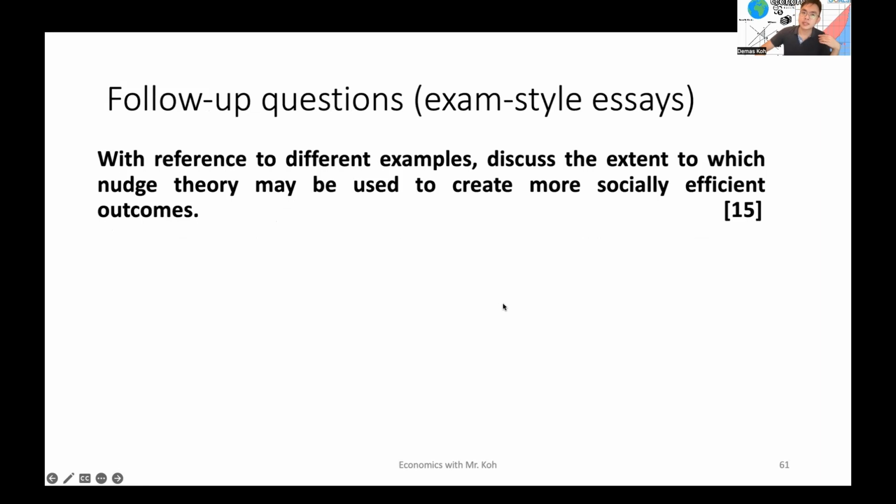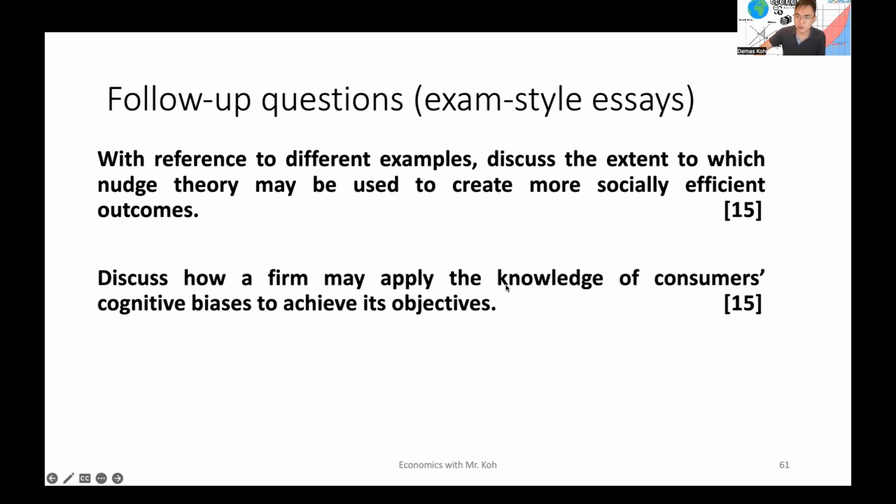And of course, again, follow-up questions in a more exam-oriented format with reference to different examples: discuss the extent to which nudge theory may be used to create more socially efficient outcomes. 15 marks. And remember, the evaluative component is required for 15-mark type of questions.